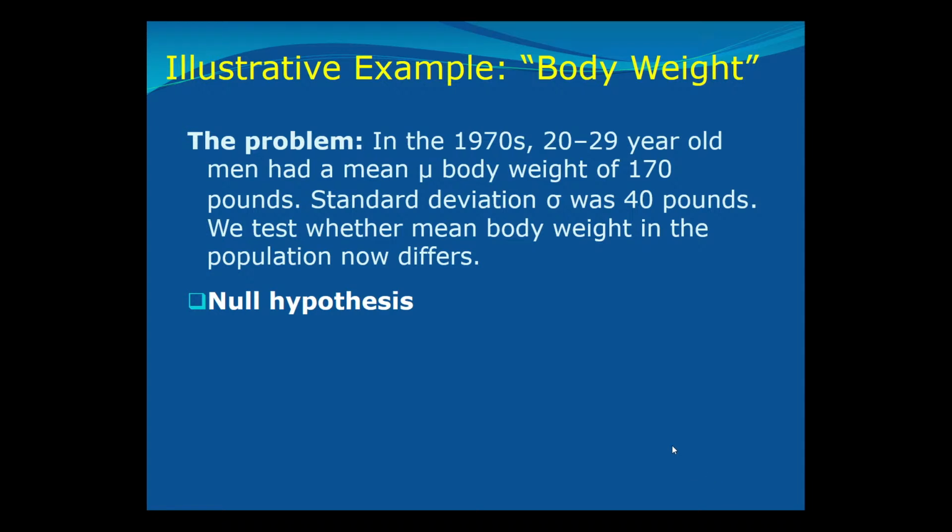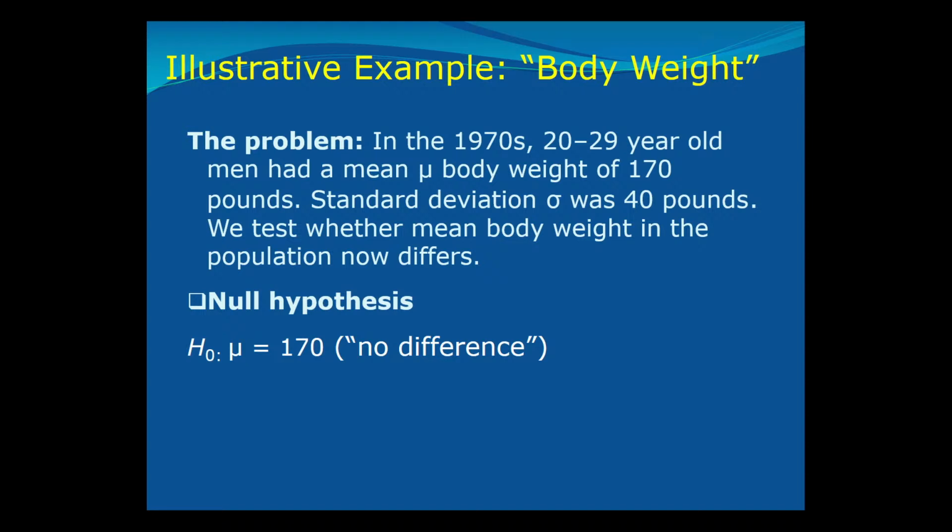So we need to understand, are there differences in body weight between the same population with the same age, or are there no differences? So, null hypothesis. Let's state the null hypothesis.